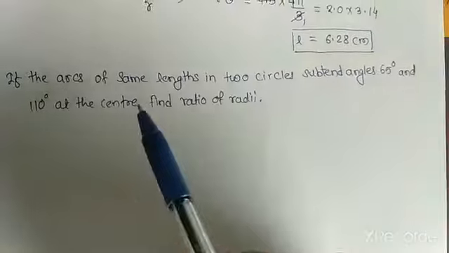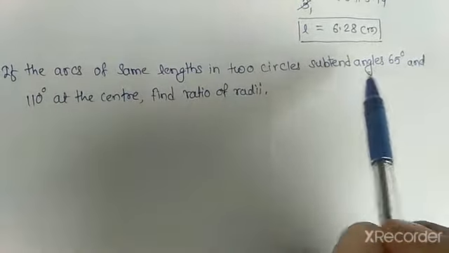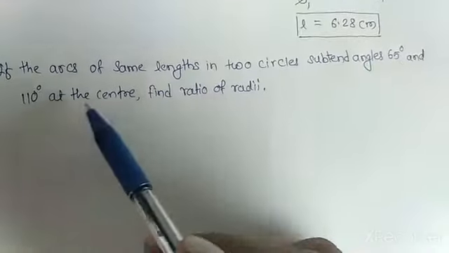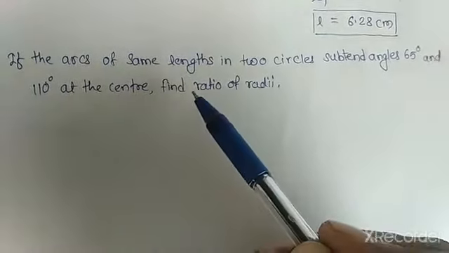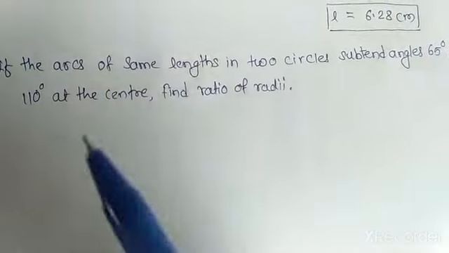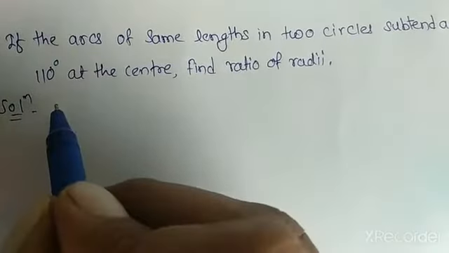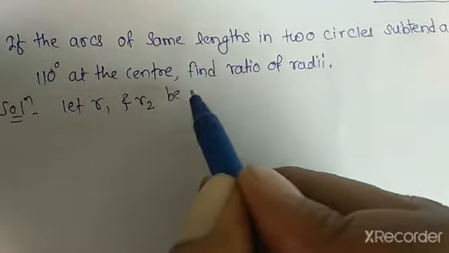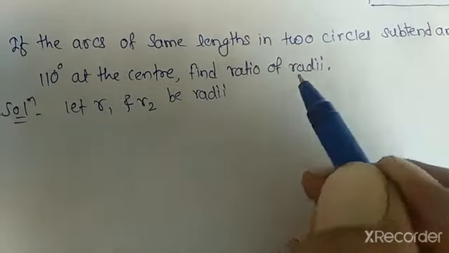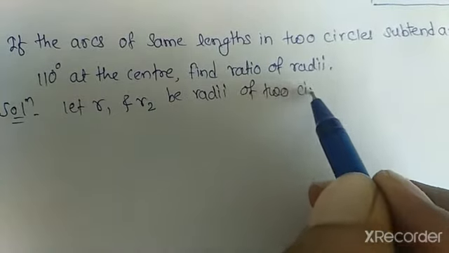Now consider the next example. If arcs of the same length in two circles subtend angles 65 degree and 110 degree at the center, find the ratio of their radii. In the solution, let R1 and R2 be the radii of the two circles.